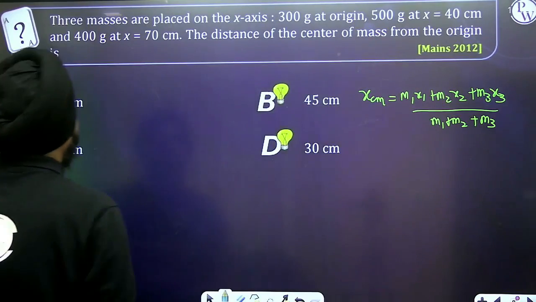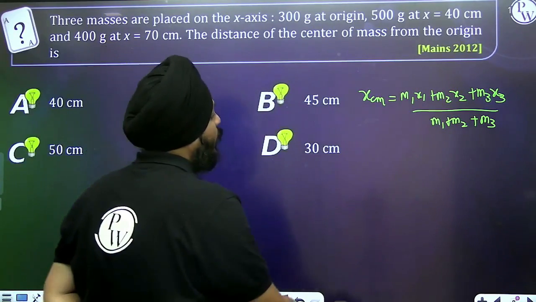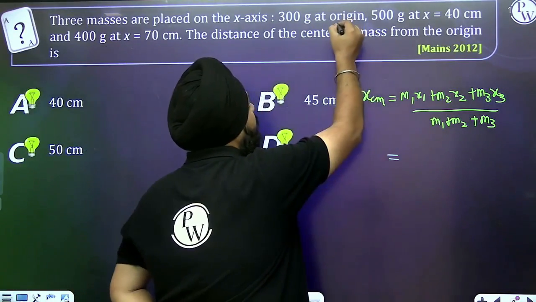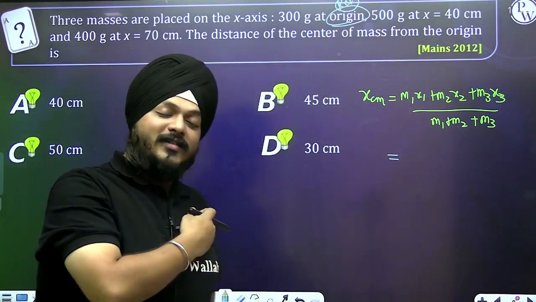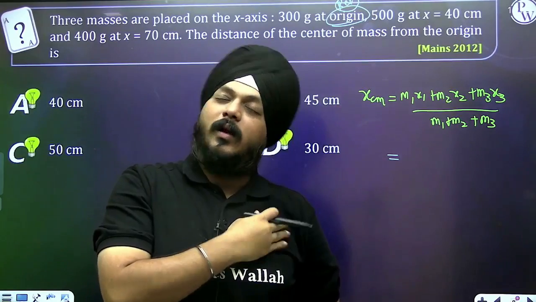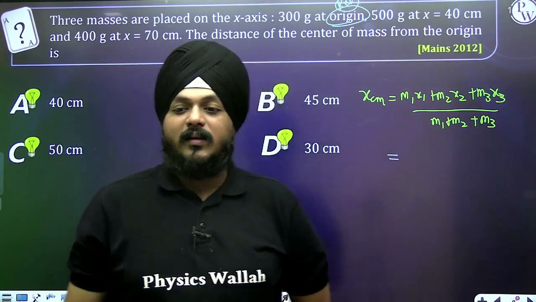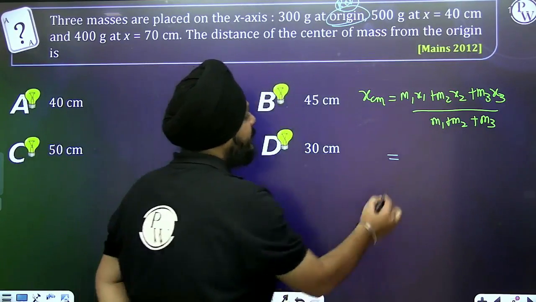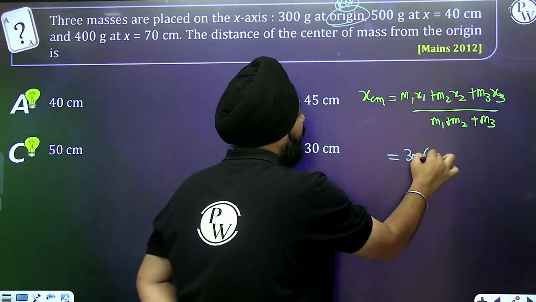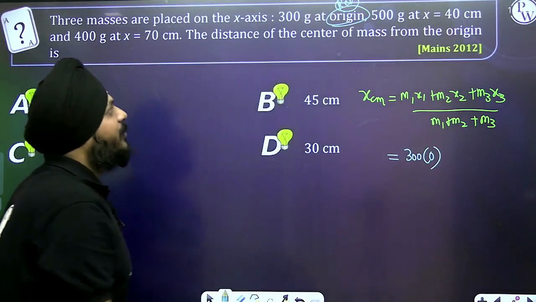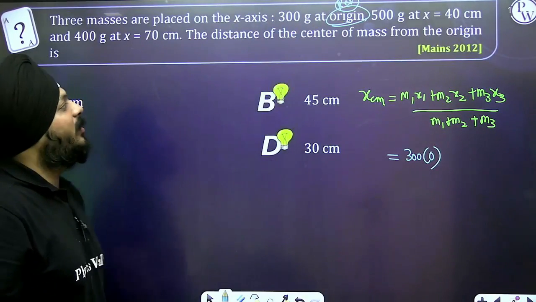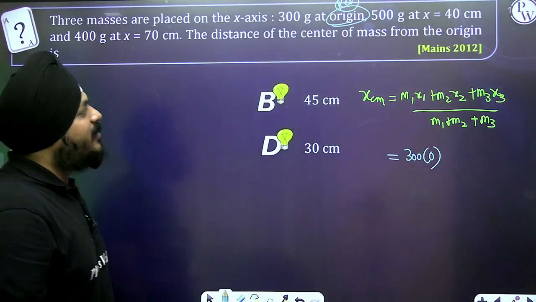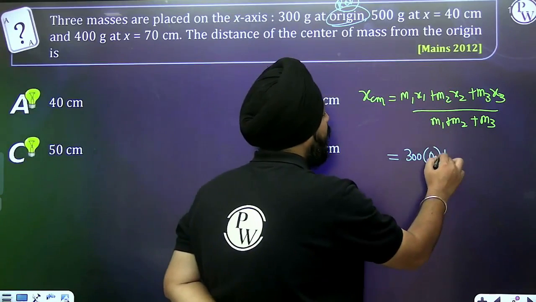So 300 gram is at the origin. The origin will be our reference point. So m1 I'm going to take as 300. The distance of the 300 with respect to the origin is 0, because 300 is on the origin only. 500 is at 40 centimeter with respect to origin.